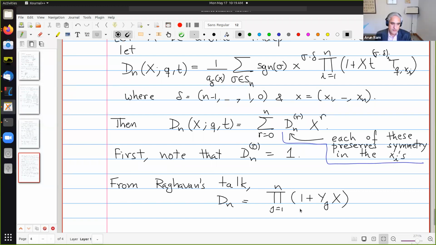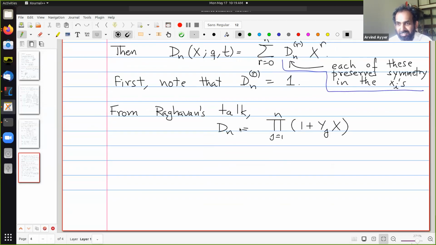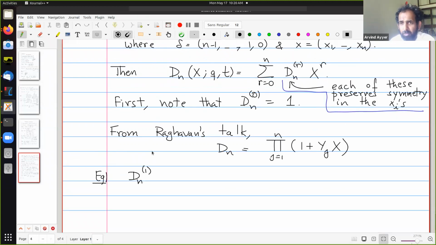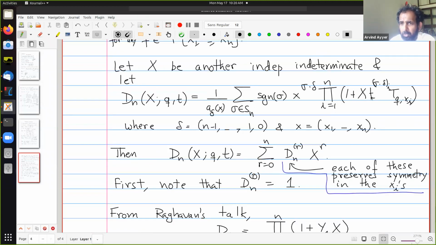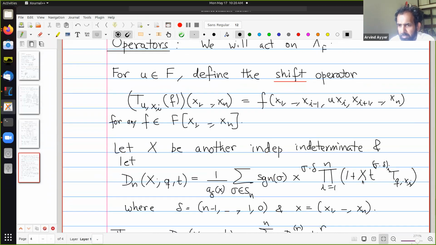When you write it this way, you see that this D_n^r is the elementary symmetric function in the y's. I'm going to do the computation for D_n^1. So, for example, D_n^1: if you take D_n^1, you will pick only one term. You will pick the X, and everywhere else you'll pick the 1.